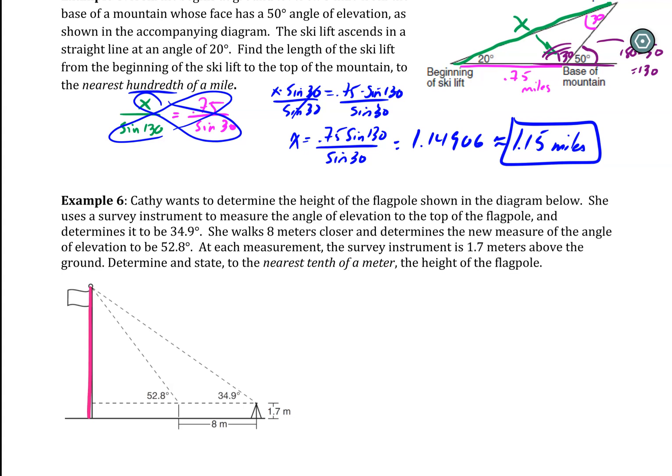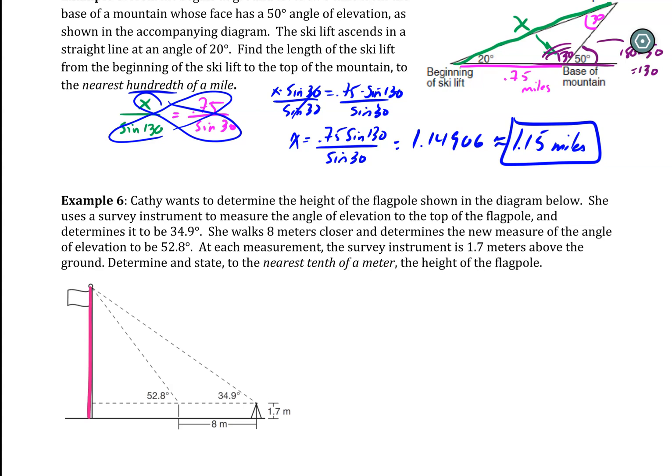All right. So at first, looking at this, I say, okay, just a regular trig question, and solve for that. But I don't have a lot of information here. I know that I've got the angle measures, and then it tells me the survey instrument is 1.7 meters tall, and these two spaces between each other are 8 meters in distance here.